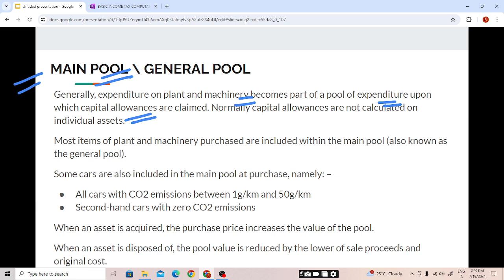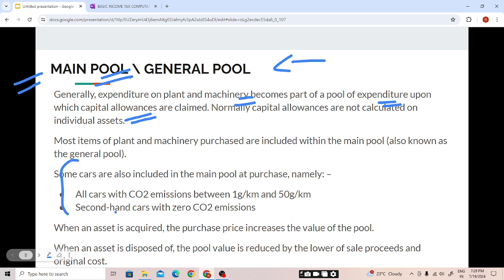So, generally, all the items on which capital allowances is calculated, that is, capital allowance is calculated on qualifying expenditure, generally, all the expenditure, qualifying expenditure will be treated under the main or general pool if specific conditions are not satisfied as per the other pools.